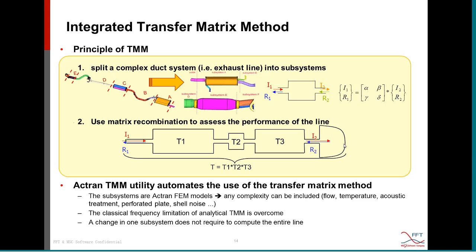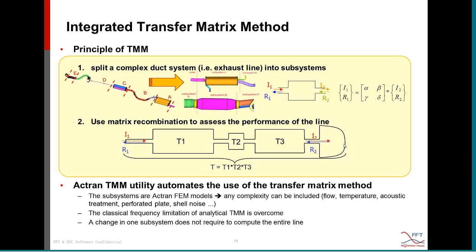So we see clearly some advantages of the TMM method integrated in Actran. First, all the sub-components are still solved using the same solver. So all the complexity that we have introduced just now can be taken into account. For example, the flow, temperature effect, the acoustic treatment, porous material, perforation, and also the shell noise that we will see later on can be modeled in each individual component.